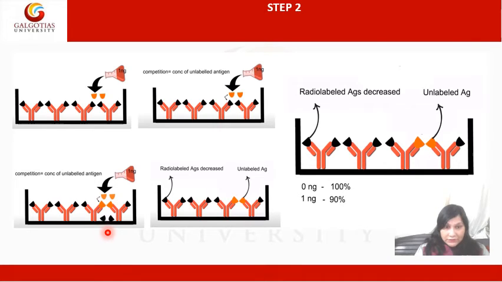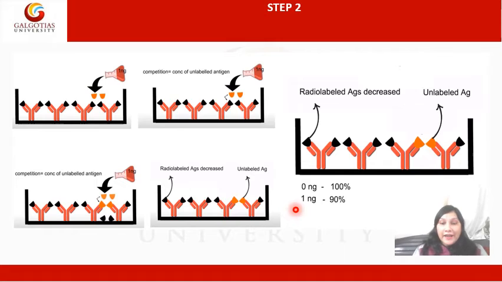Now we will wash this microtiter plate to remove unbound antigen. This is a very important process in all types of immunoassay techniques. Now we will check the radioactivity of this microtiter plate, right?